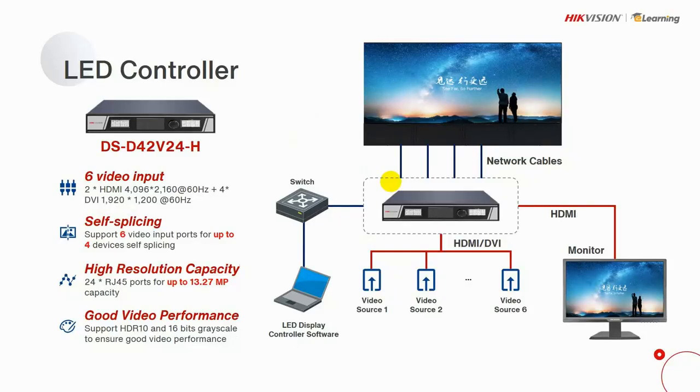For our new V24 LED controller, it supports up to 4 V24 controllers self-splicing, which means if you only need 4 or fewer LED controllers, you don't need an LED video wall controller anymore. It supports 2 HDMI and 4 DVI video inputs, and 24 network ports with a resolution capacity of up to 13.27 megapixels.